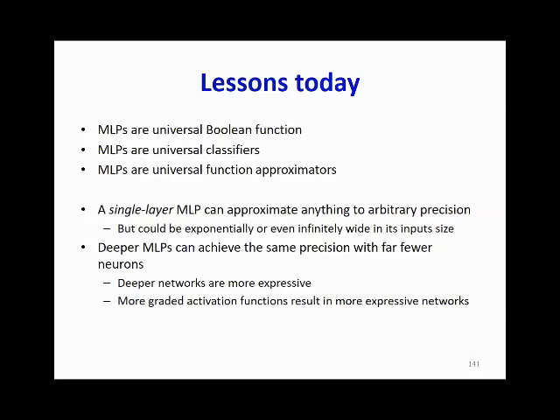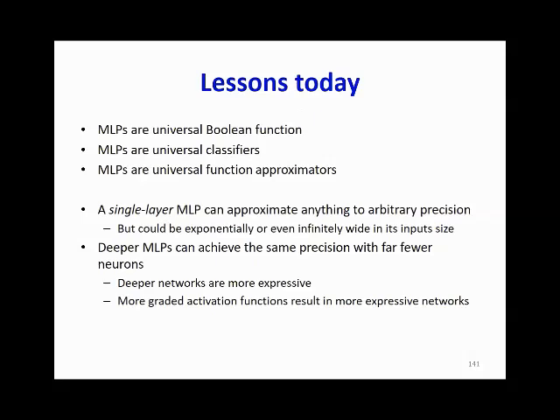So the lesson for today is that MLPs are universal Boolean functions, universal classifiers, and universal function approximators. Even a single hidden layer MLP can do this, but deeper MLPs can achieve the same precision of approximation with far fewer neurons, so they are more expressive. But more graded activation functions also result in more expressive networks.